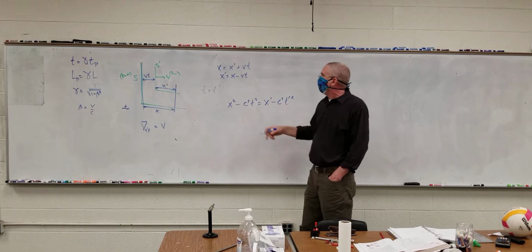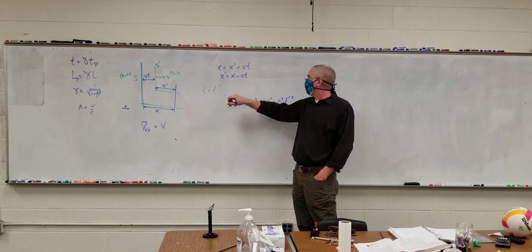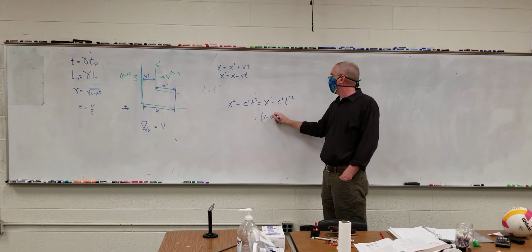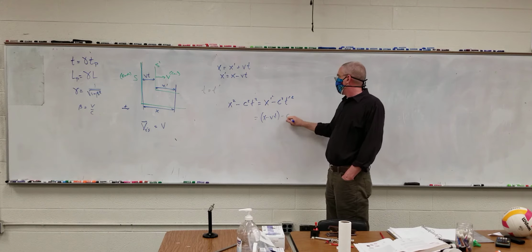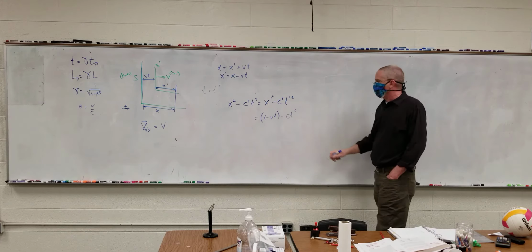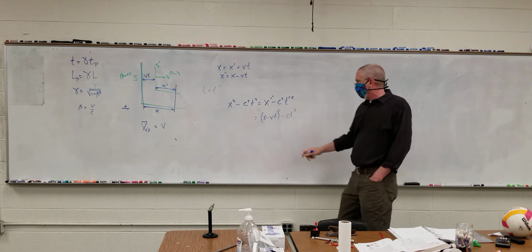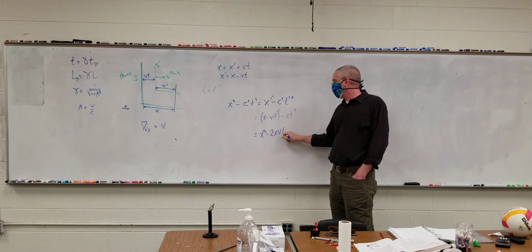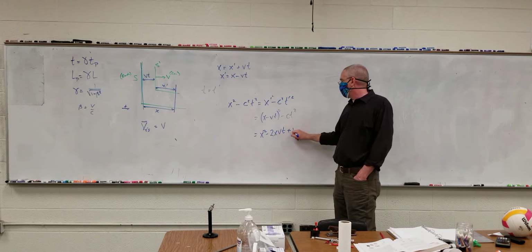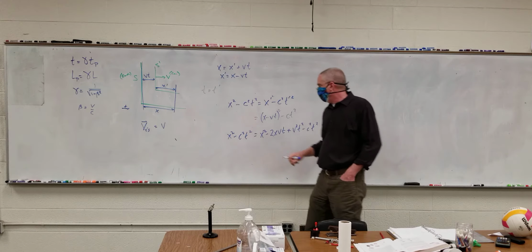And so let's plug in here. From the Galilean relativity point of view, that would be x minus vt, squared, minus c squared t squared. And so this is x squared minus 2xvt plus v squared t squared minus c squared t squared, equal to x squared minus c squared t squared.